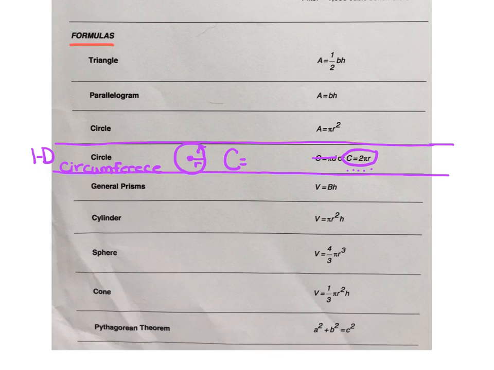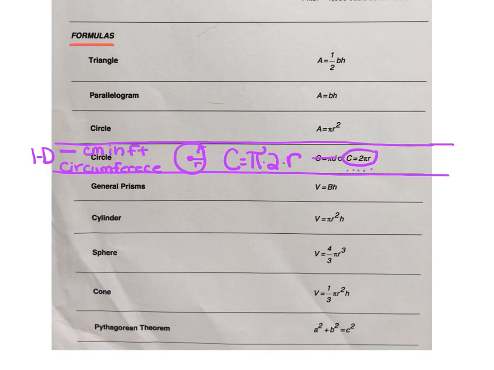But we can write it this way as well: pi times 2 times r. Circumference measures in linear units, the distance around the circle. It measures in units like centimeters, inches, feet.